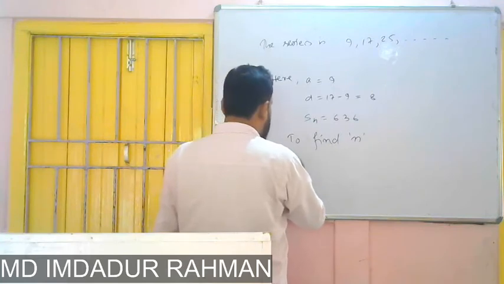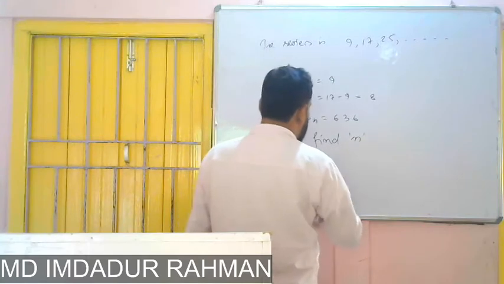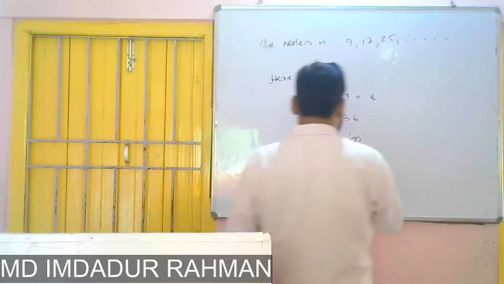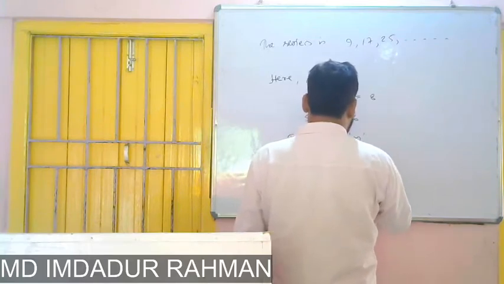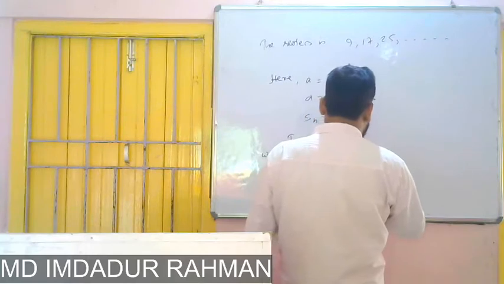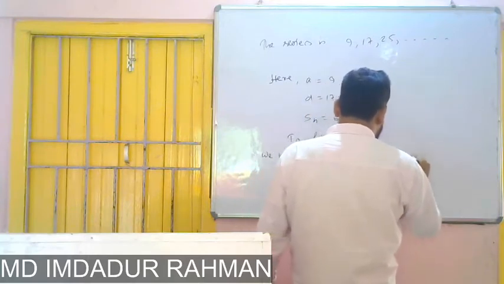We know Sn is equal to n by 2 into twice a plus n minus 1 into d.